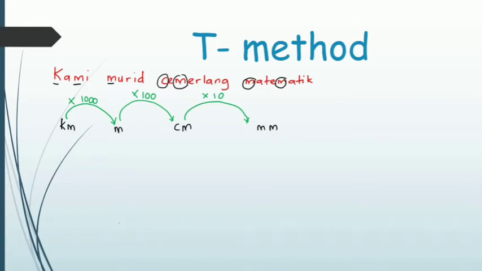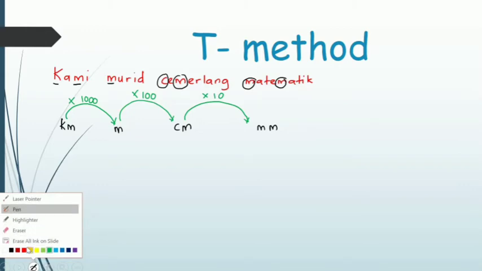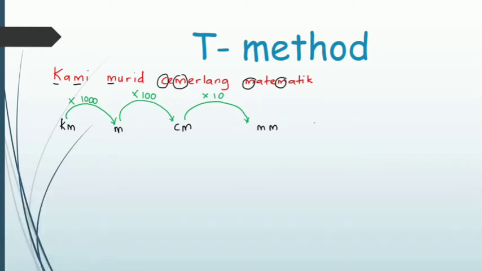So class, you see here, 1 kilometer is equal to 1000 meter, and 1 meter is equal to 100 centimeter, and 1 centimeter is equal to 10 millimeter.